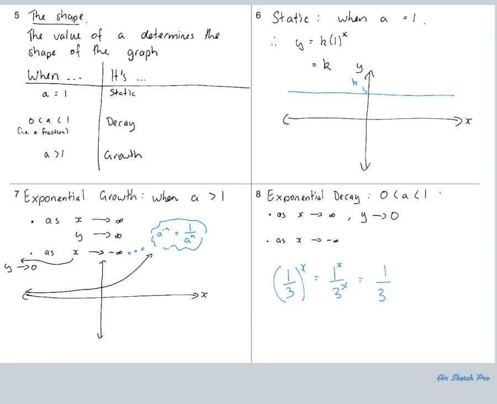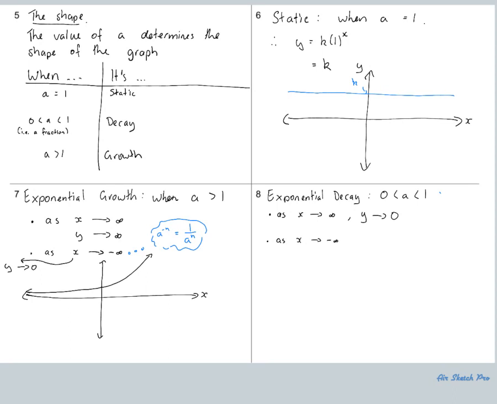Again, as x gets bigger, 3 to the power of x gets larger, so 1 over that number gets really, really small. Okay, so what about as x approaches negative infinity?